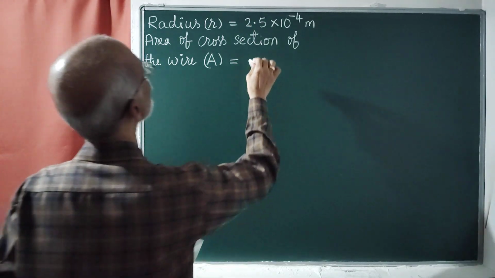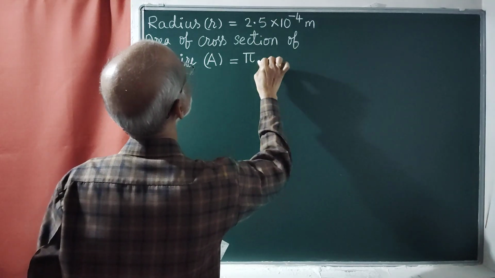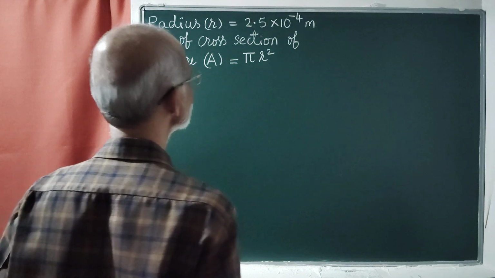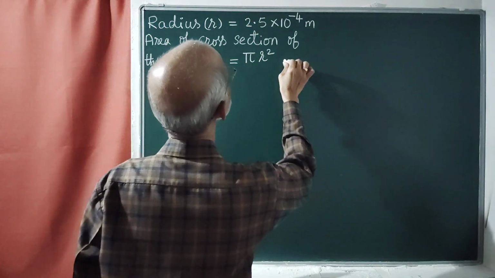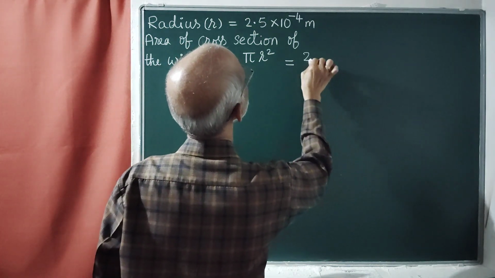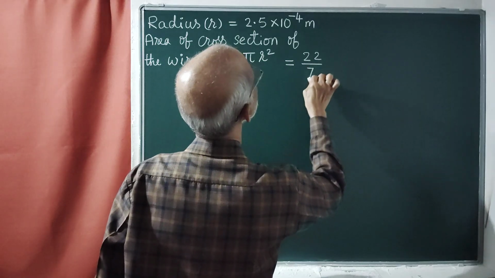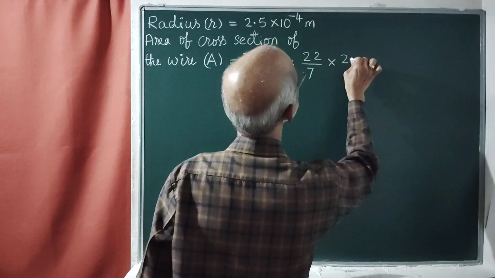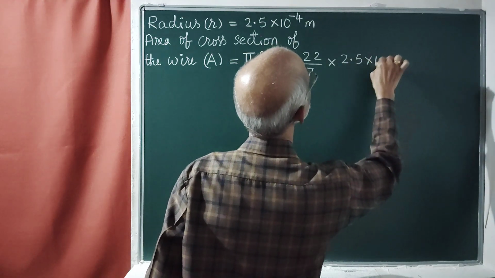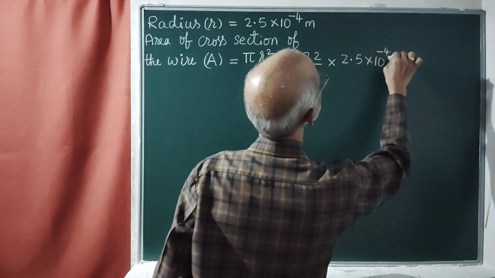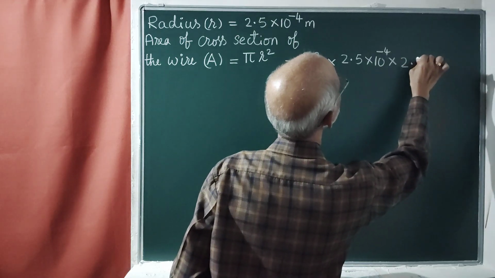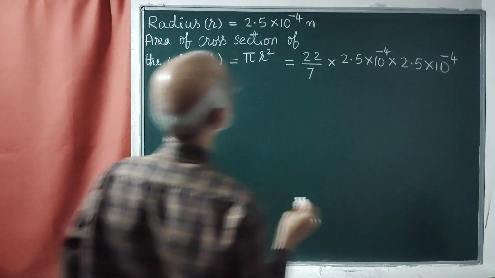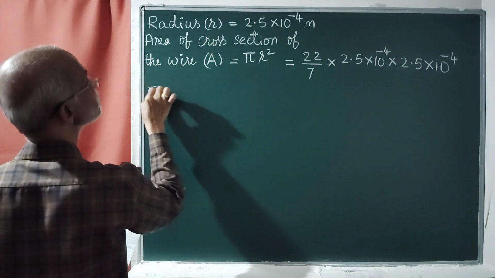That is equal to 22/7 into r square. R is 2.5 into 10 to the power of minus 4, so it is 2.5 into 10 to the power of minus 4 into 2.5 into 10 to the power of minus 4.